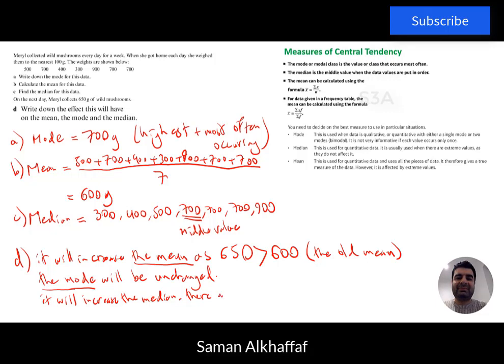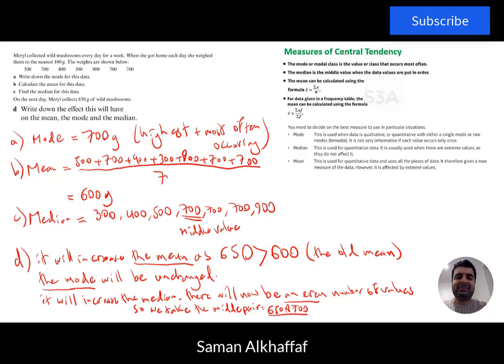There will now be an even number of values, so we take the middle pair, 650 and 700.